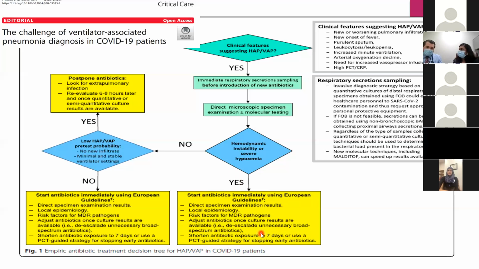That's one of the reasons I like this: if you're going to start, that's fine. Then reevaluate at 7 days, and if they're doing okay or it hasn't made a difference, then consider stopping. I think that's the takeaway from here today: the duration of treatment. We need to not prolong the duration of treatment and do what we would do for anybody else with VAP or HAP.